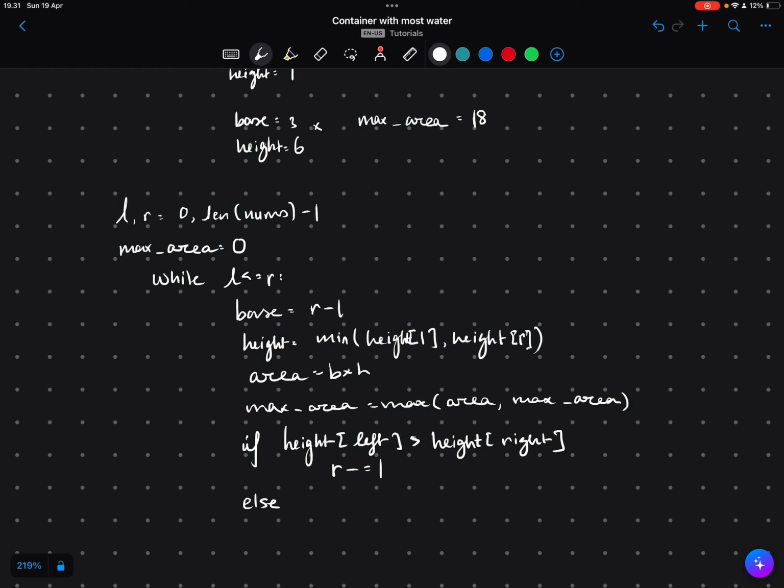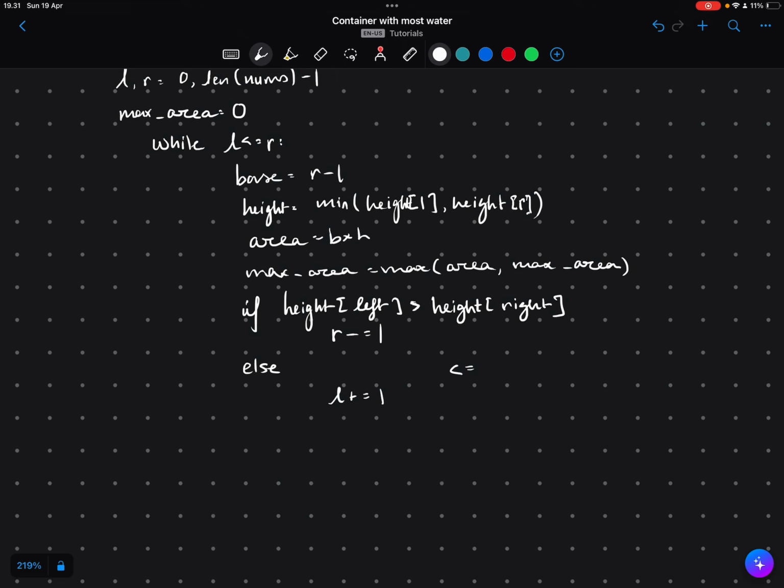Else we'll just do left plus equals 1, because in the other case, where it's less than or equal to, moving the right would be dumb, because the left is the limiting one. And at the end, just return your maximum area.